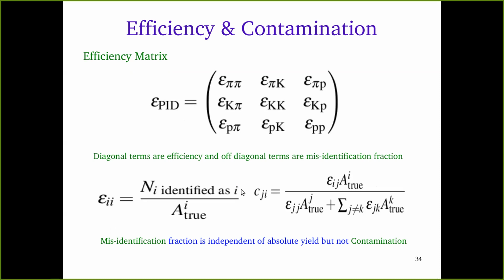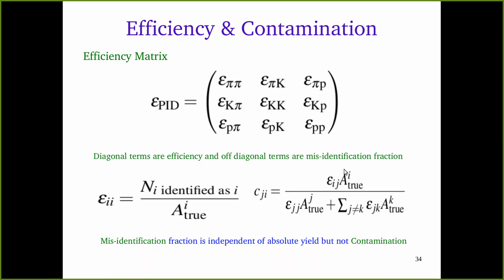The contamination, as I have defined, is this off diagonal element multiplied by the true yield of a particular particle and divided by all the particles that you have in the denominator.